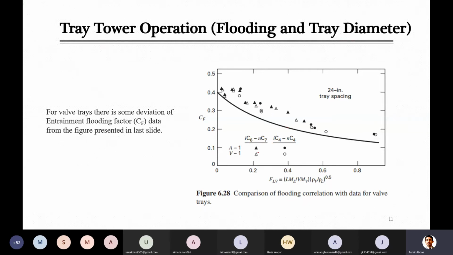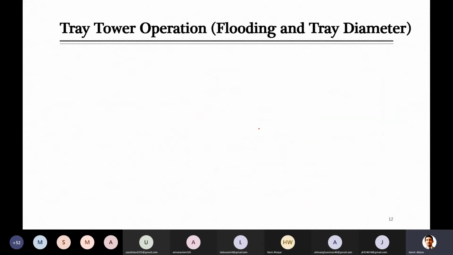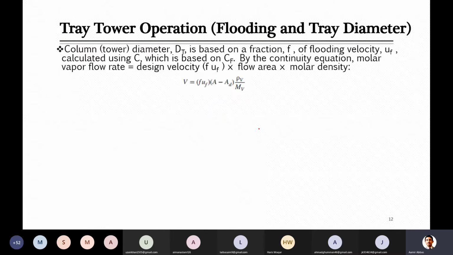And you can see that when you are using the weir trays, the value deviates from the line. So if you are using that diagram for the weir trays, definitely you have to be careful. There will be some error in this CF. Still you can use it, but it will give you some error in the calculations.